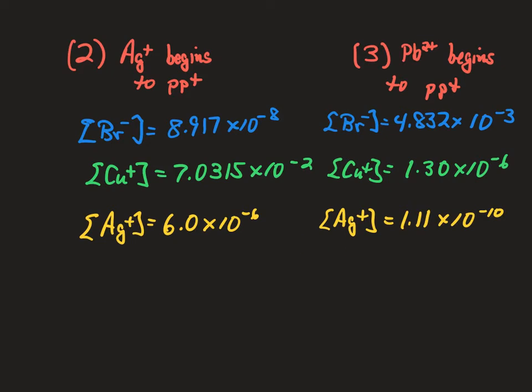So if we look at how much these went down, our copper ion concentration went down by about 7.03137 times 10 to the minus 2, and our silver ion concentration went down by about 5.99989 times 10 to the minus 6.